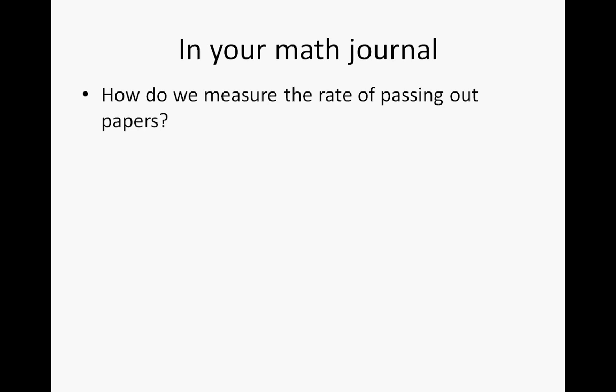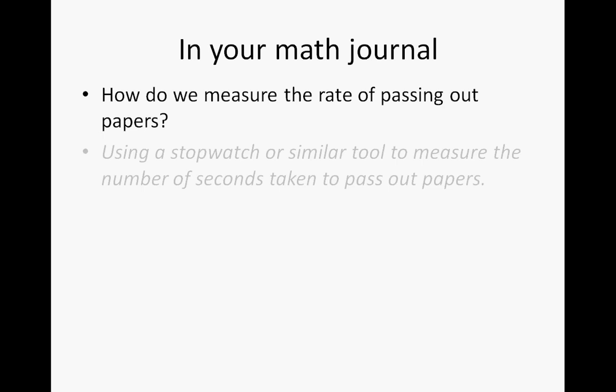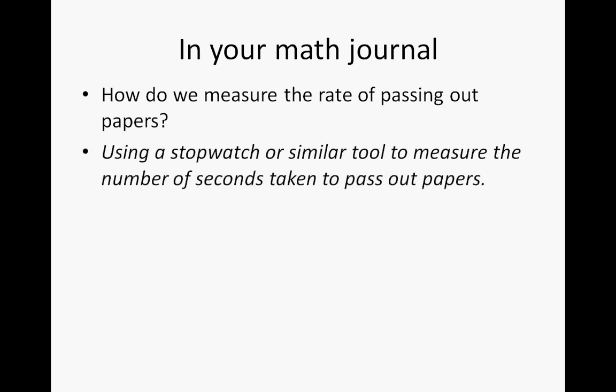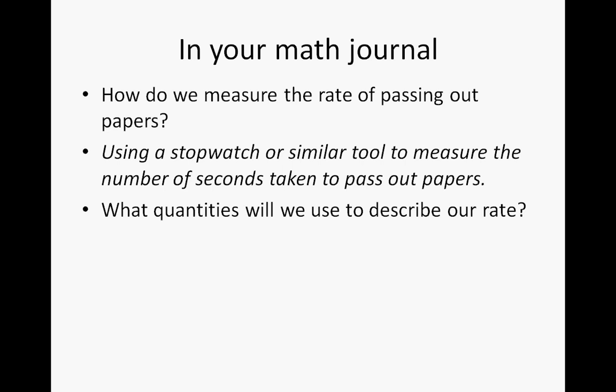All right, so how do we measure the rate of passing out papers? Well, we are using a stopwatch, or a similar tool, to measure the number of seconds it takes to pass out the papers. So that is our tool we are using to measure the rate. Well, what quantities will we use to describe our rate?